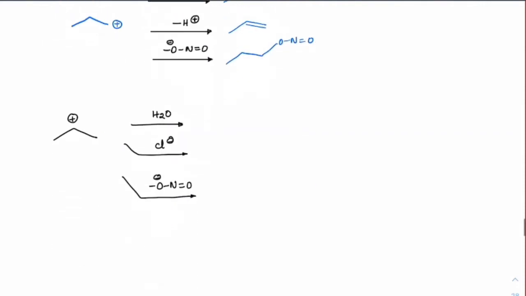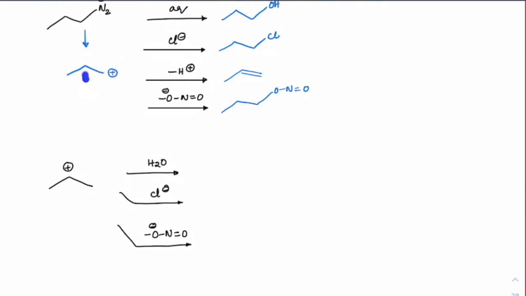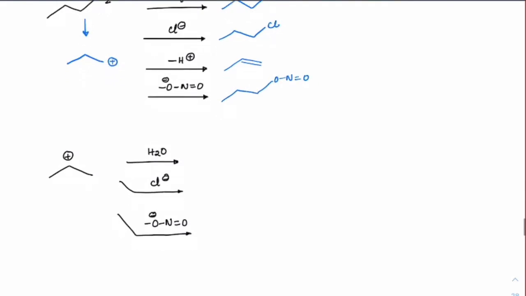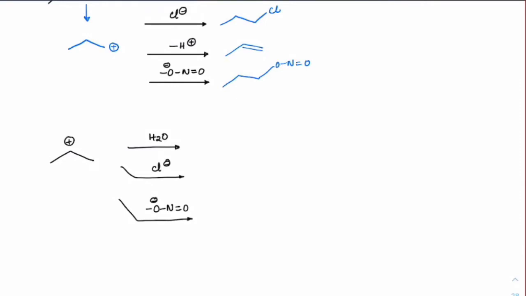Now, in case it is rearranged, after rearrangement also we will have products. So after rearrangement, we can have products as secondary alcohol, secondary alkyl chloride here, and secondary alkyl nitrite. Okay, so these are the compounds which you can have.